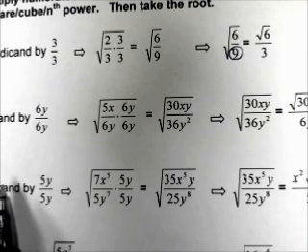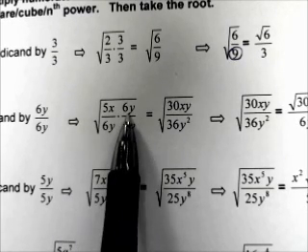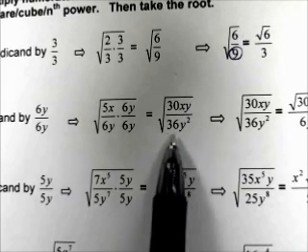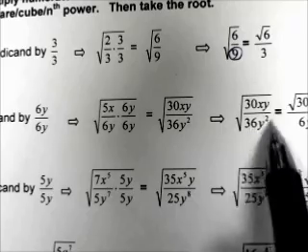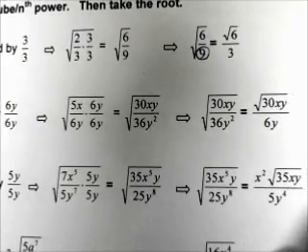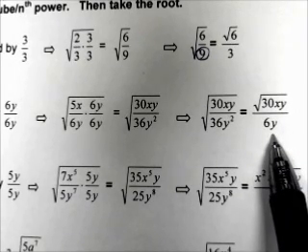Well, if we multiply the denominator by 6y, we need to do the same to the numerator. So multiply the numerator by 6y, you get 30xy over 36y squared. And now the 36y squared, its square root is 6y. So our answer here is the square root of 30xy over 6y.